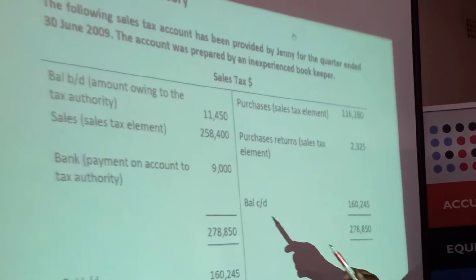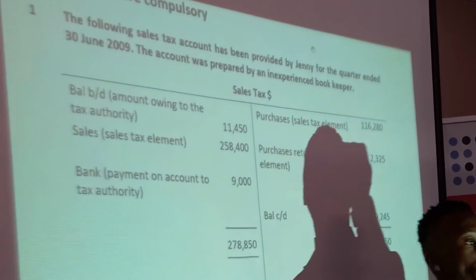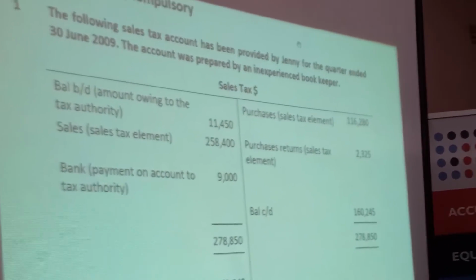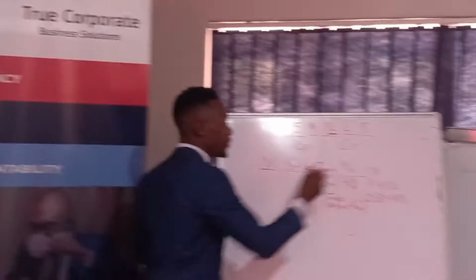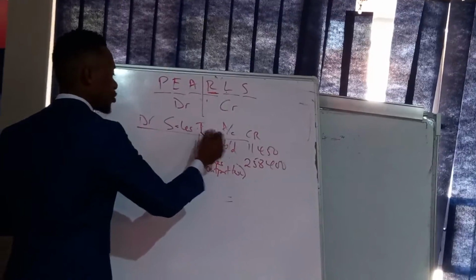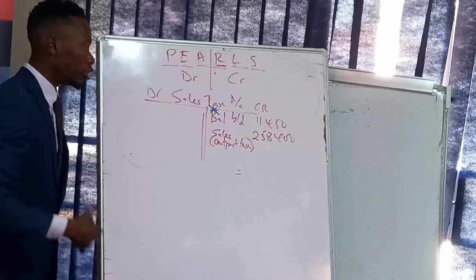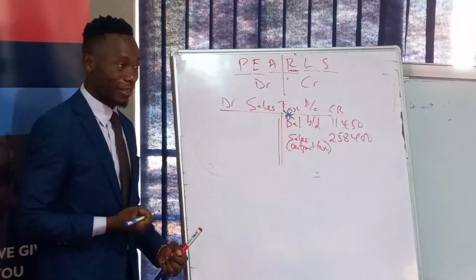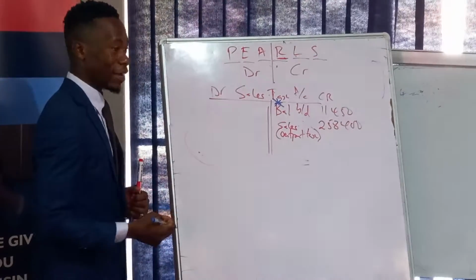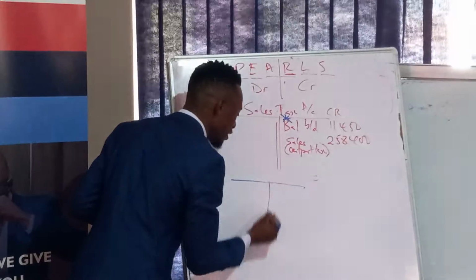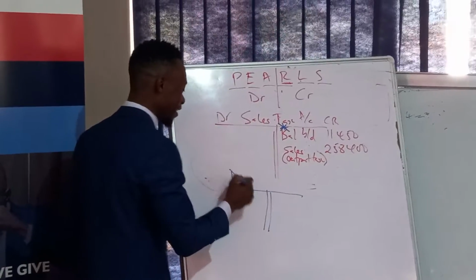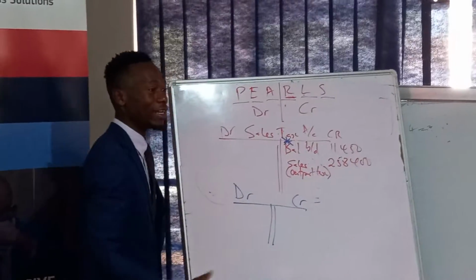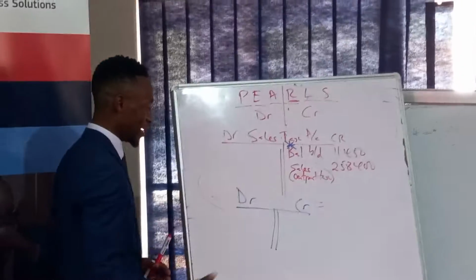What about the bank? Payment on account to tax authorities. We paid them. Where is our balance? Our balance BD is on which side? It is on the credit side. You follow? So when you make a payment, it means the balance is to reduce. Remember my example. This year, guys, I'm using this example for people to understand the debit and the credit side.